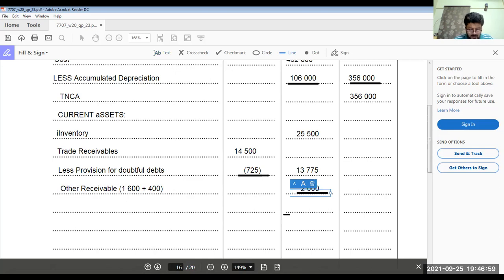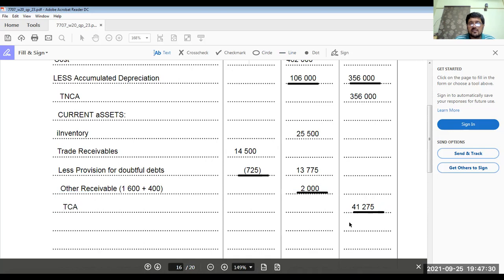25,500 plus 13,775 plus 2,000, that is 41,275. 41,275 is your total current assets. Okay.